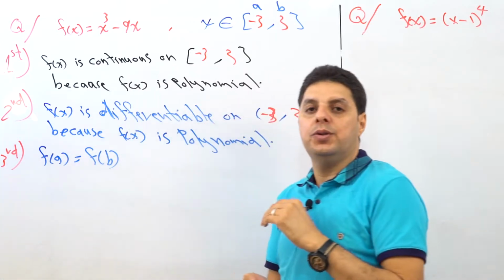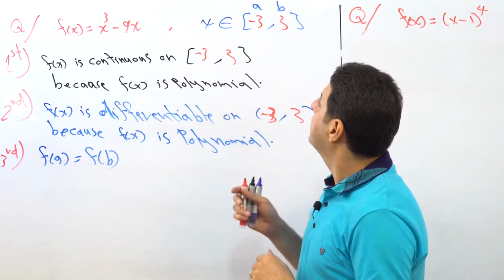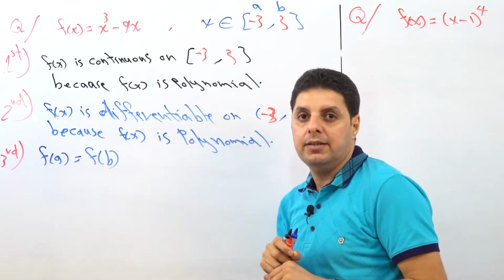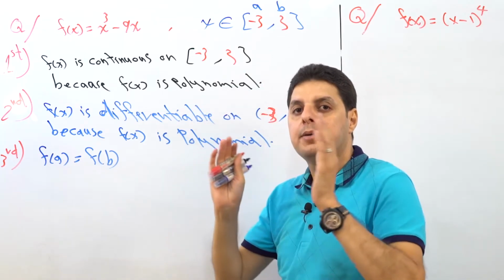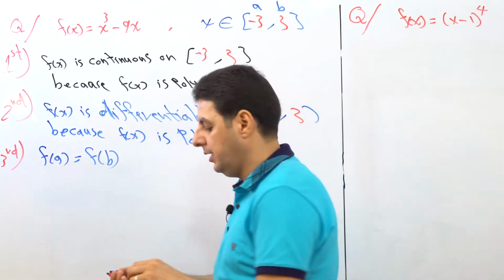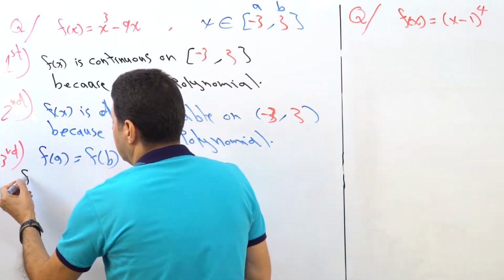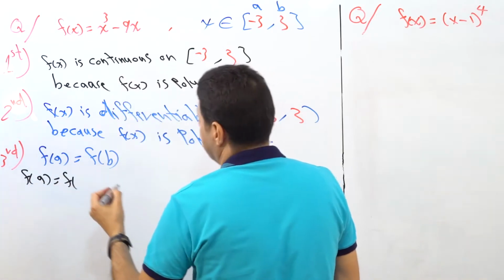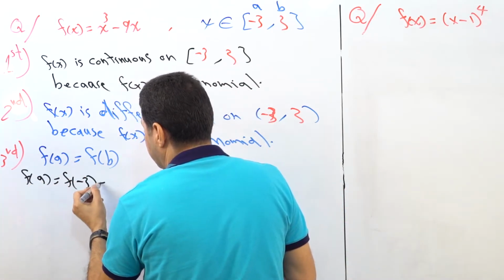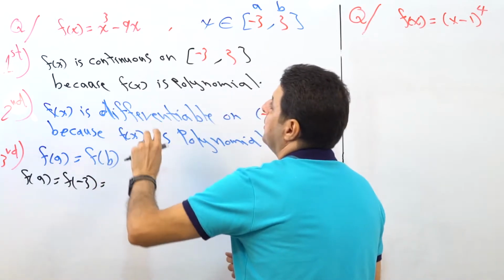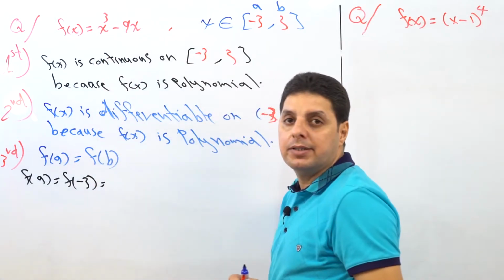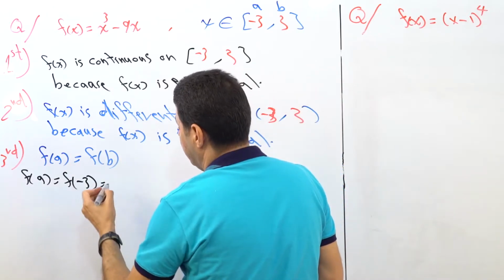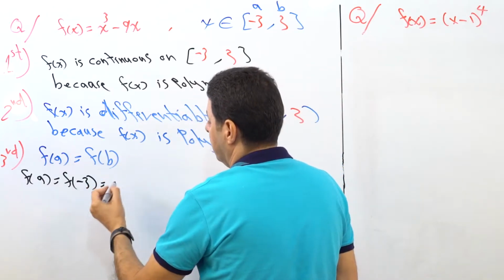يجب أن يكون f of A, it is negative 3 and B equal 3. f of negative 3 must equal f of 3. f of A it is negative 3. f of negative 3: substitute any x by the number negative 3. نعوض بدل كل x بالرقم negative 3 في الدالة الأصلية.